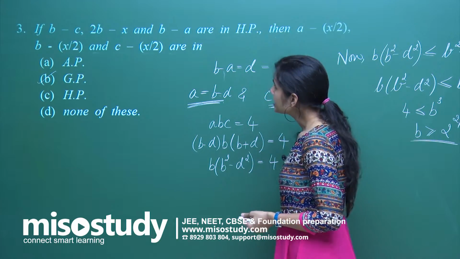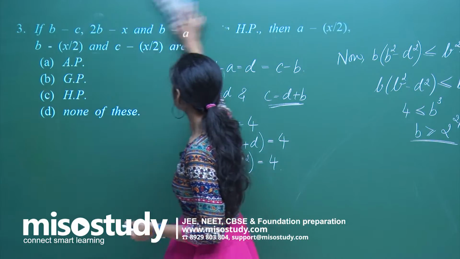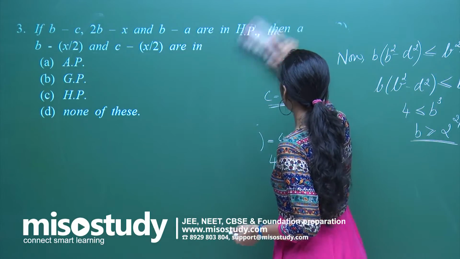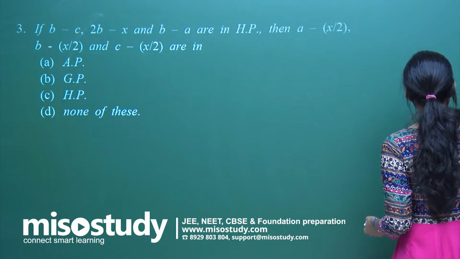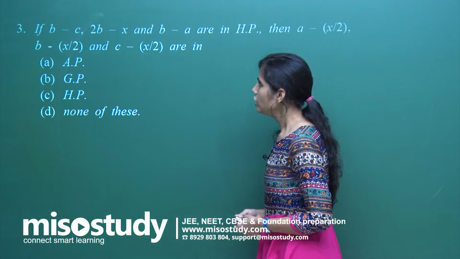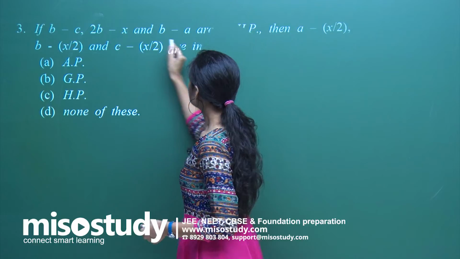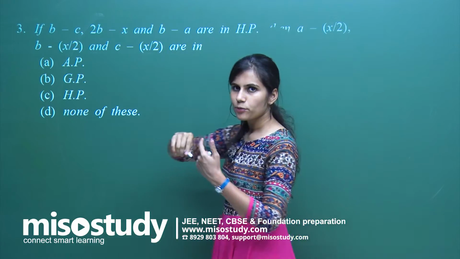That if B minus C, 2B minus X and B minus A are in HP, harmonic progression, then A minus X by 2, B minus X by 2, C minus X by 2 are in what? So if these three terms are in HP, that means their reciprocals are in AP.